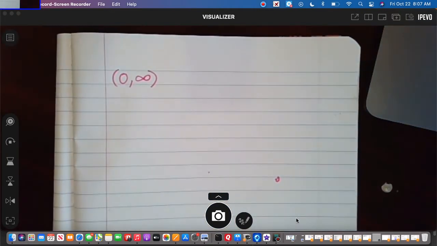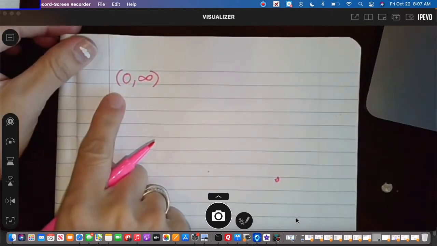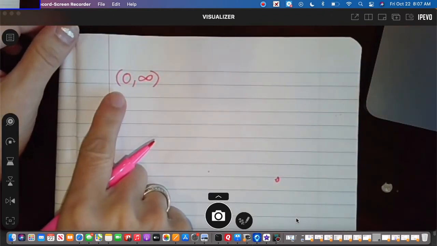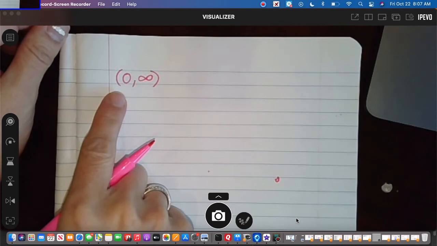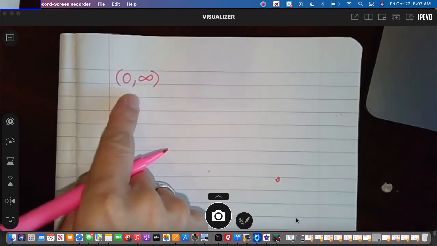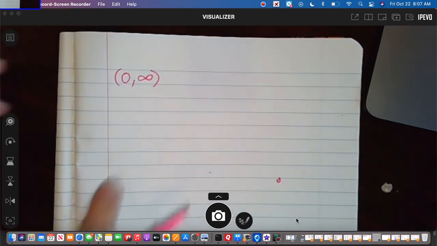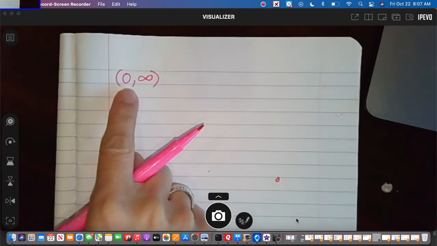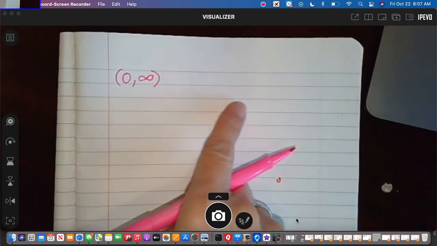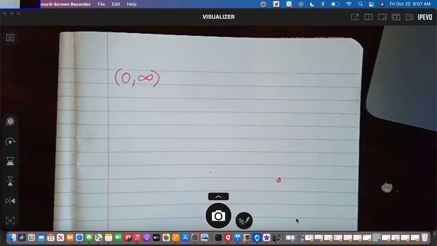Our numbers go from 0 forever. Does everybody see that? We start at 0 and it goes to numbers that are bigger and bigger and bigger forever. So that is the greater than sign.